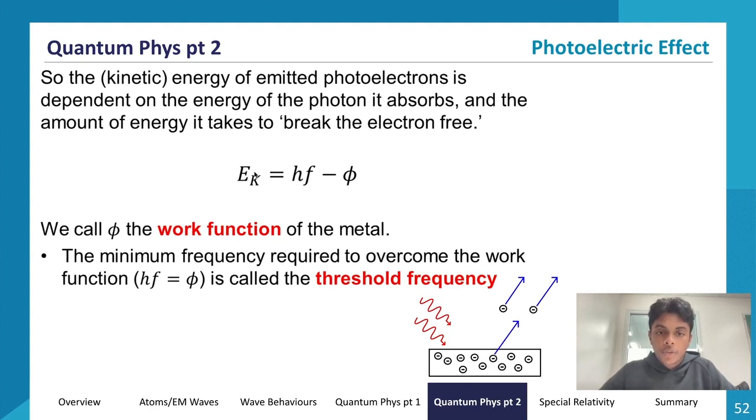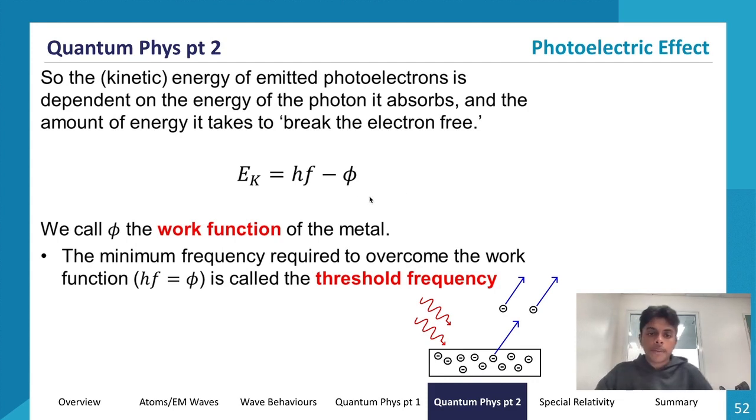The gradient of that straight line would be h, so the gradient would be Planck's constant. Questions can also ask you to find Planck's constant by graphing E and f. In that sense, E will be y, h will be m, f will be x, and this will be c. So y equals mx minus c.